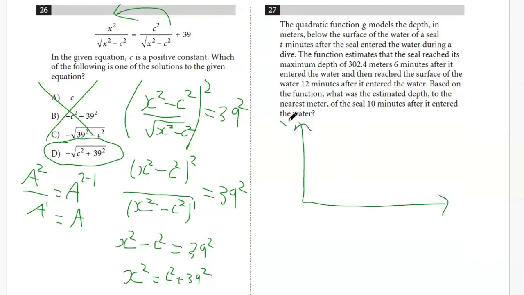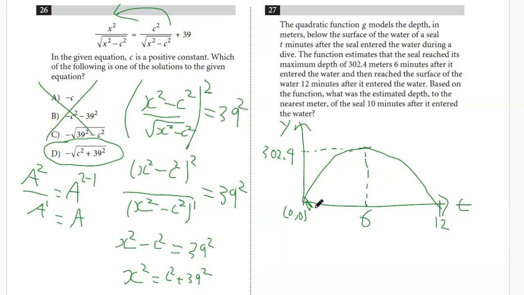So you have a depth of y, you have t, right? Assume that 0, 0 is the surface. And it has reached a maximum depth at, so this is 6, this is 12, and this is 302.4 meters.